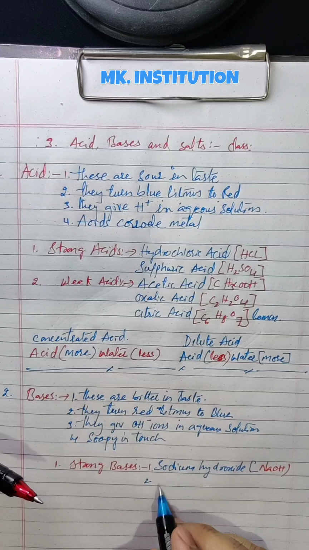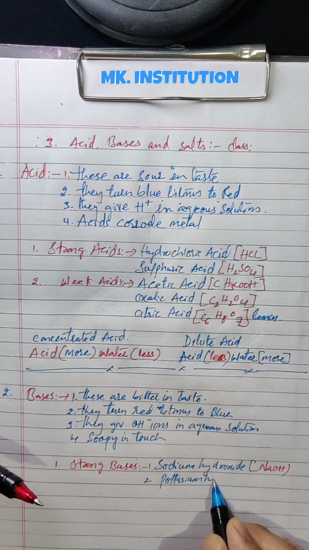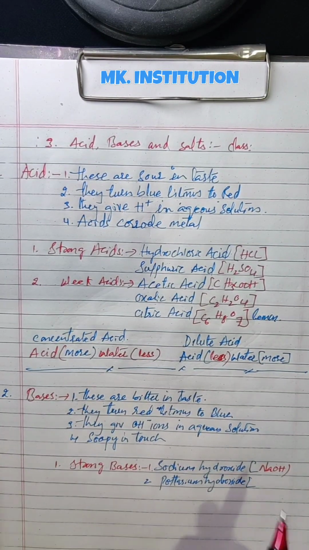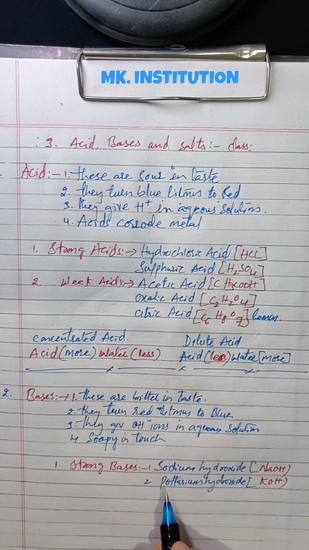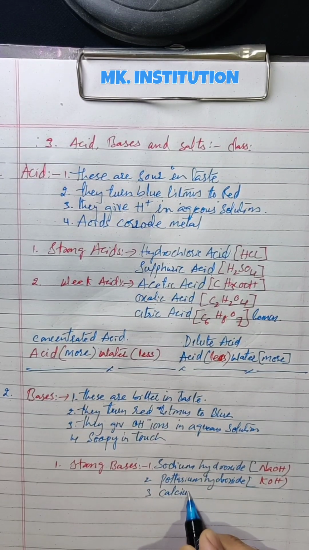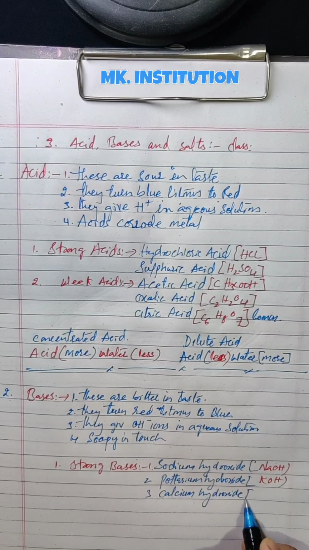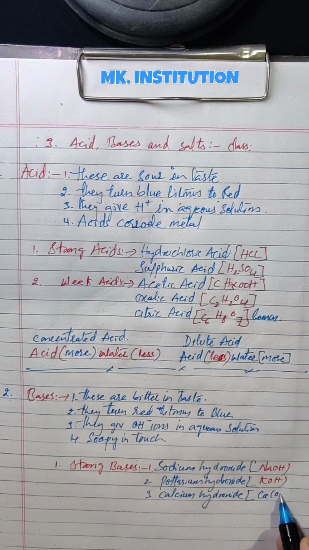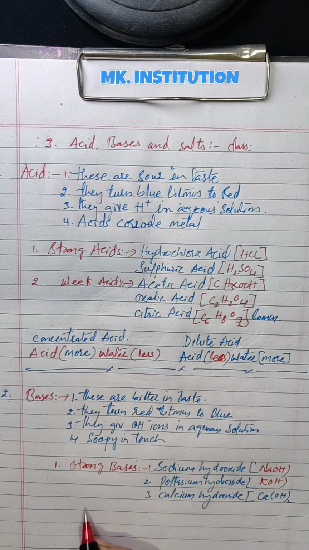The next one is potassium hydroxide, KOH. And the third one is calcium hydroxide, Ca(OH)2. Clear?